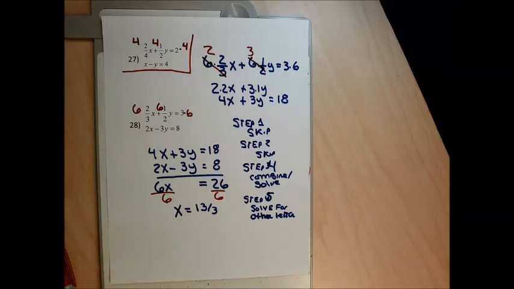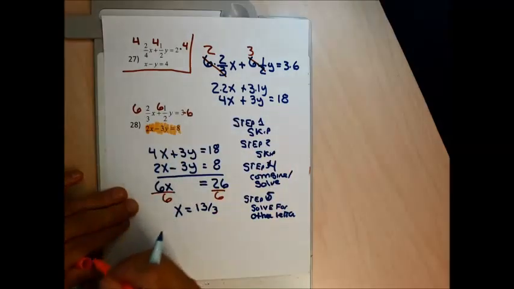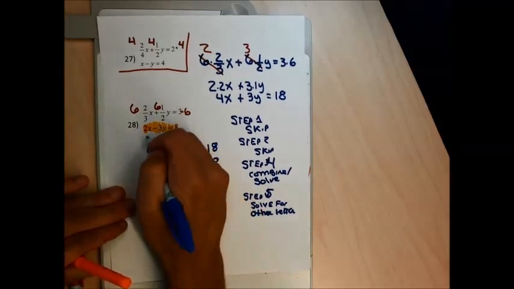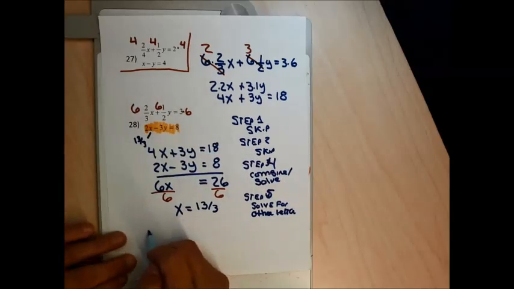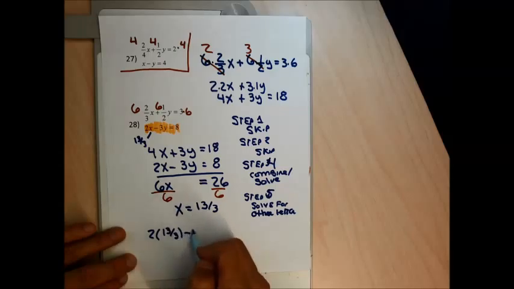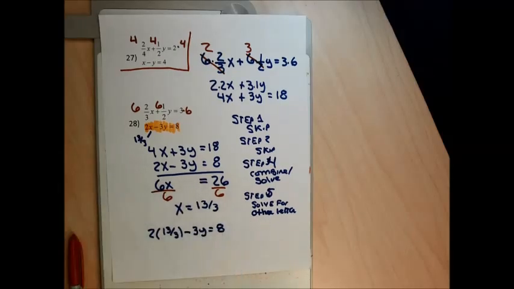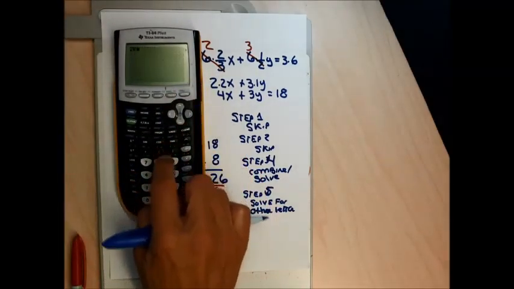And I'm going to use this equation, and into this equation I'm going to plug 13 over 3 in for x. So I'm going to go 2 times 13 over 3 minus 3y equals 8, and I'm really relying heavily on my calculator. So first I do 2 times 13 over 3.